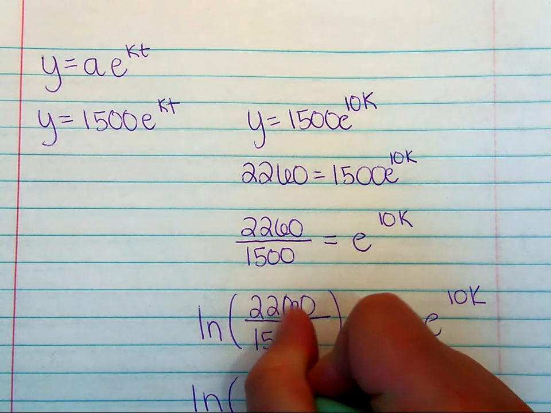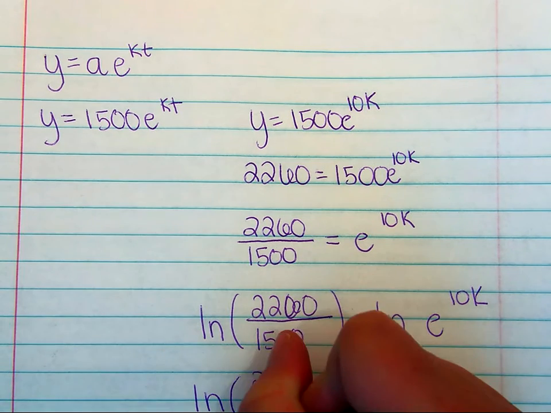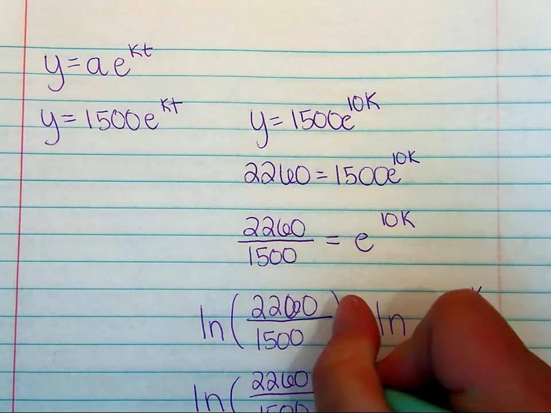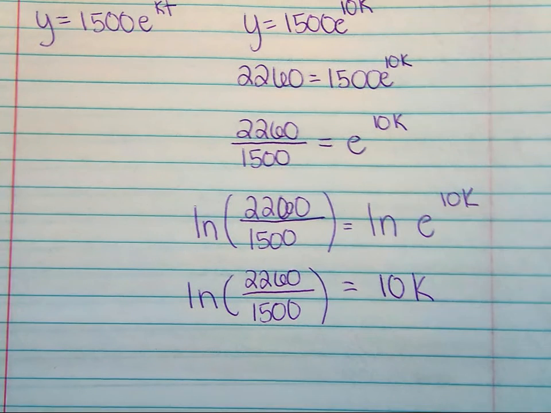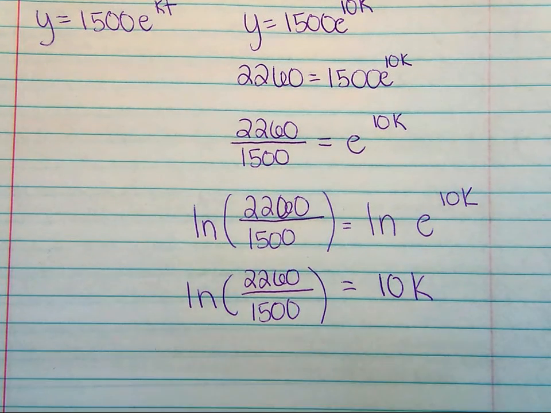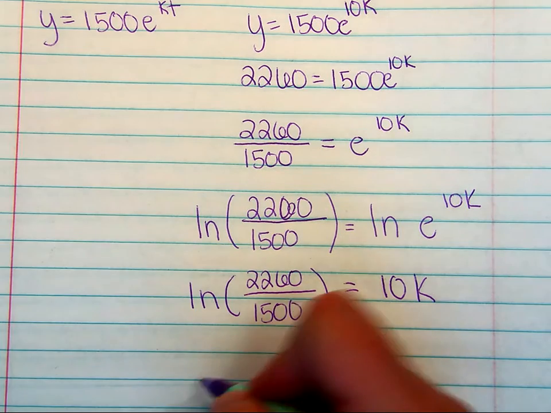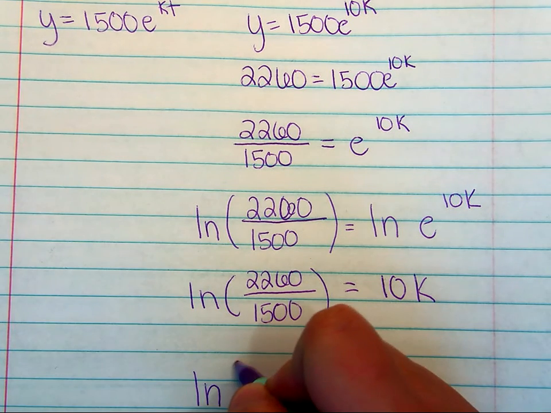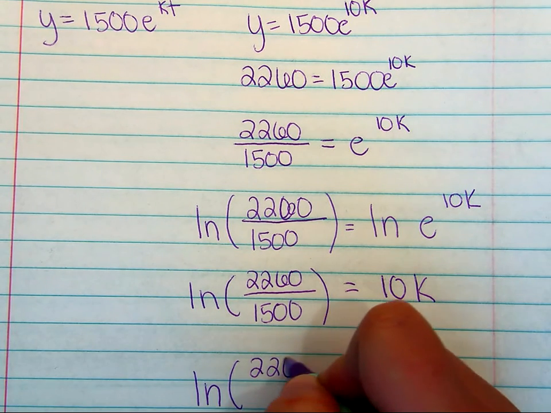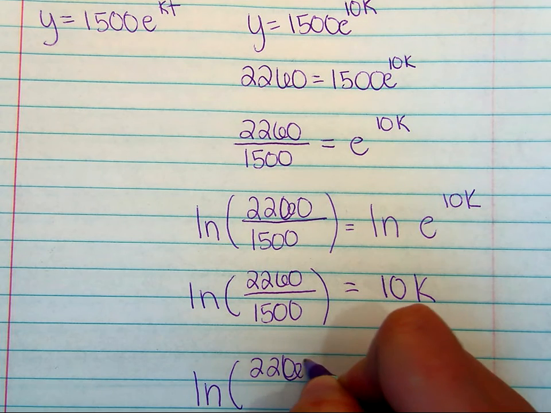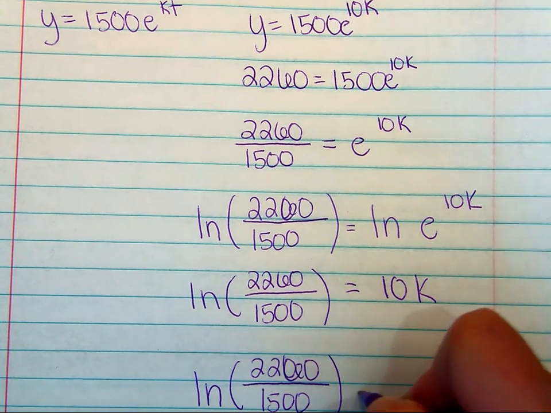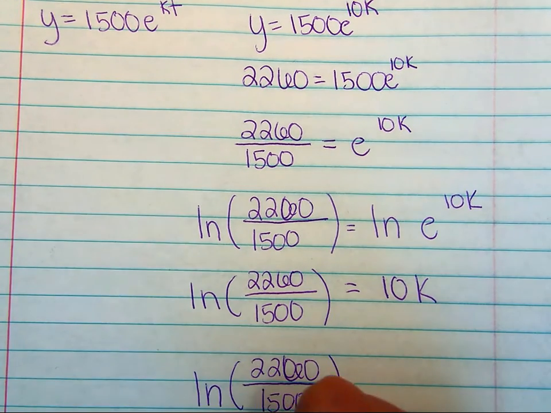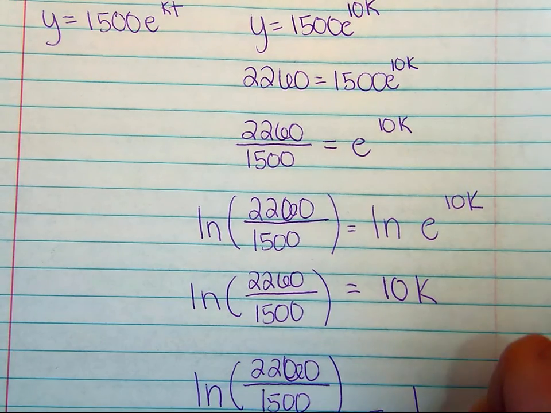And to finish solving this equation, I am going to divide both sides by my 10. So the exact answer is the natural log of 2,260 divided by 1,500, all that divided by 10 equals k.